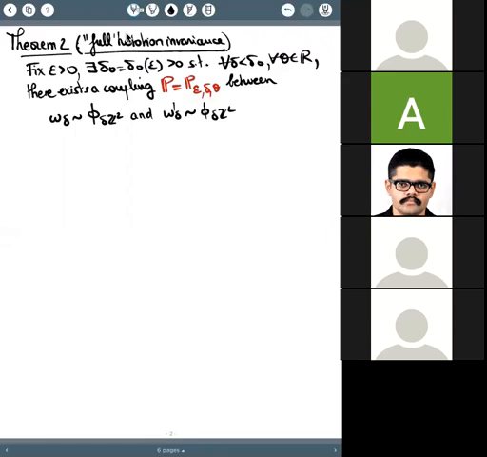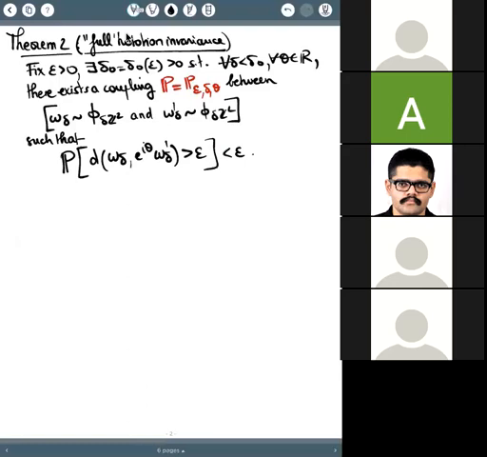And this coupling P, I want it to have the following property: the probability that the distance between omega delta and e to the i theta omega prime delta is larger than epsilon is smaller than epsilon. And here I want this distance to be in some sense measuring how close omega delta and e to the i theta omega prime delta are.